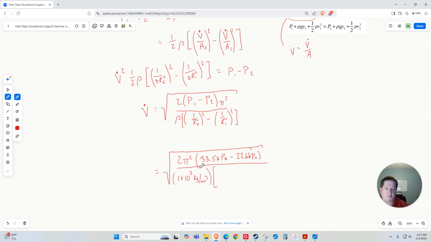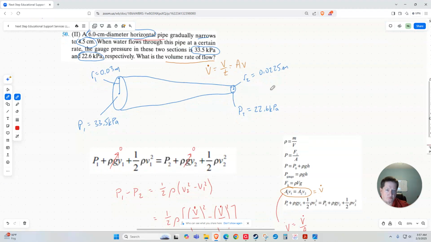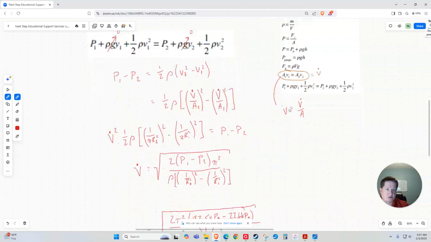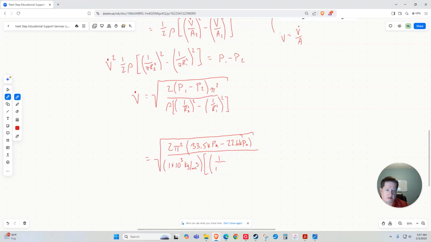And again, being careful with those squares of squares. Radius 2, which is the location to the right, was 0.0225 meters, squared.